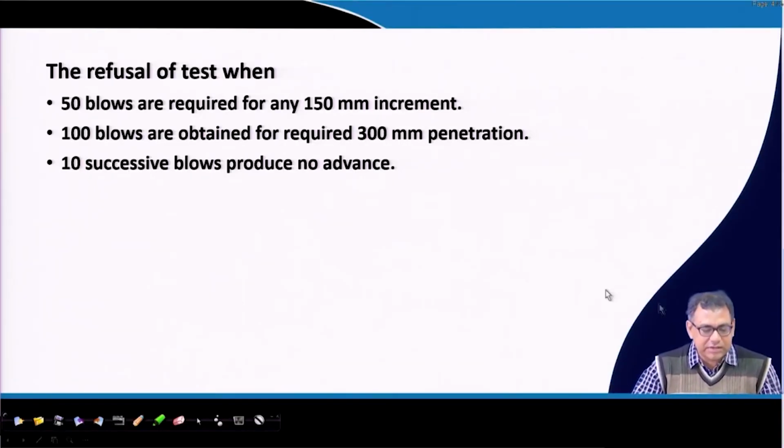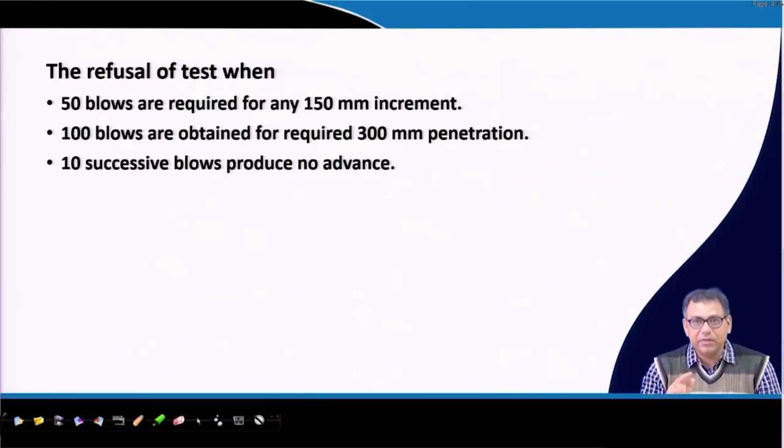Those conditions are that if 50 blows are required for any 150 millimeter increment, then we will stop there. Or if 100 blows are required for any 300 millimeter penetration, then also we will stop there. Or if 10 successive blows produce no advance, then also we will stop.